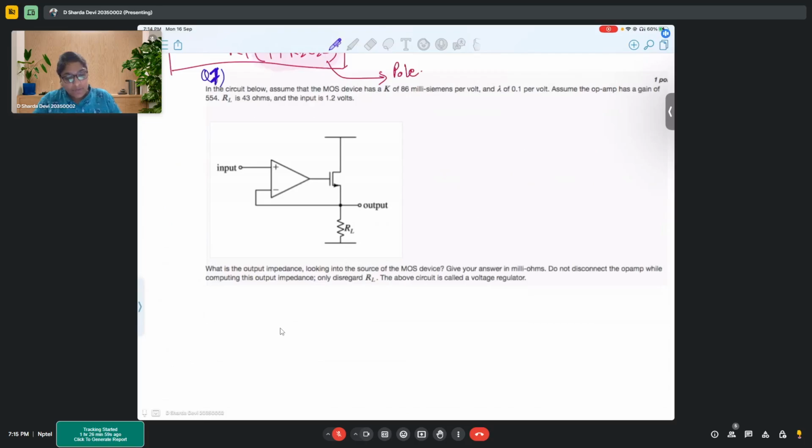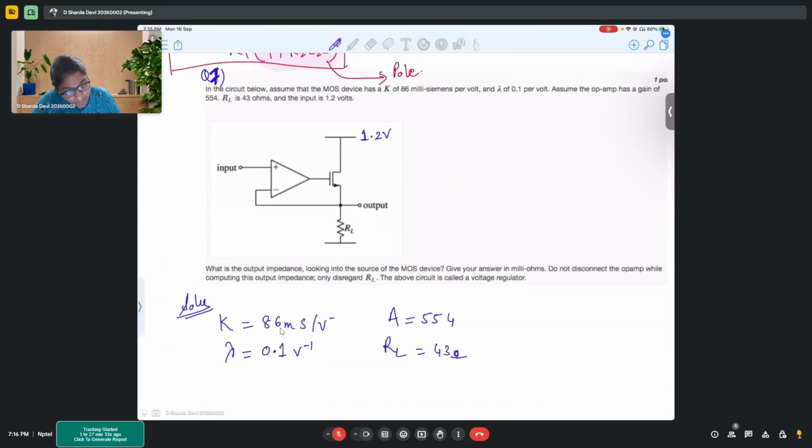So in this particular problem, we have this circuit below with K of 86 millisiemens per volt and lambda is 0.1 volt inverse. Gain is 554, RL is 43 ohms, and this VDD is 1.2 volts.